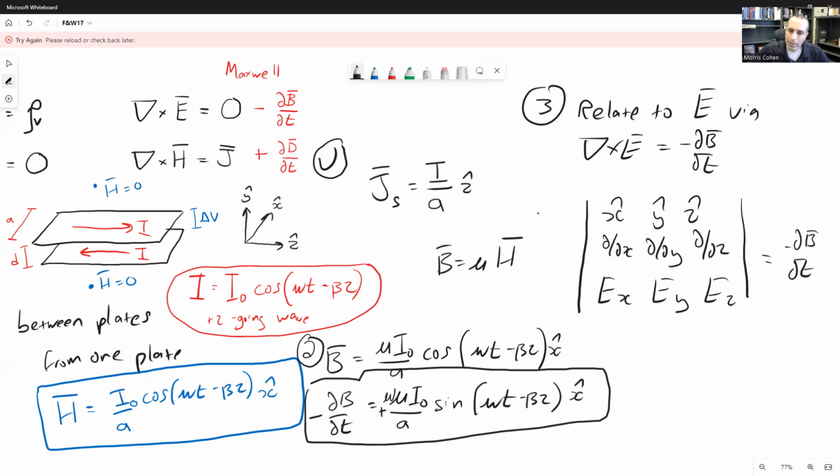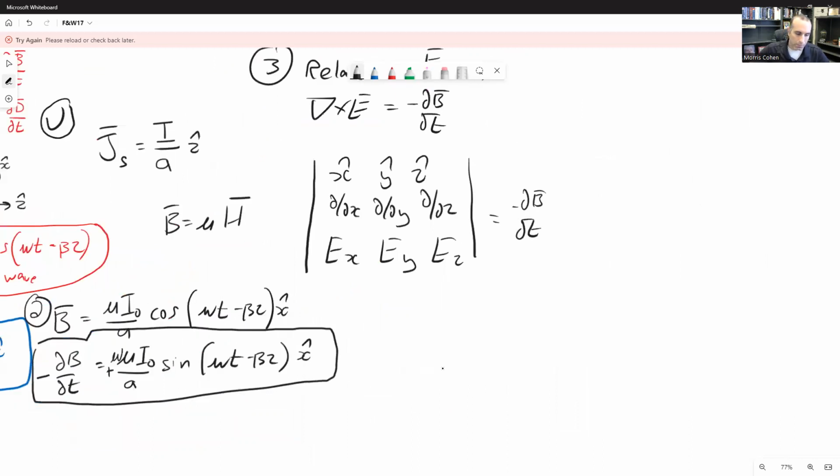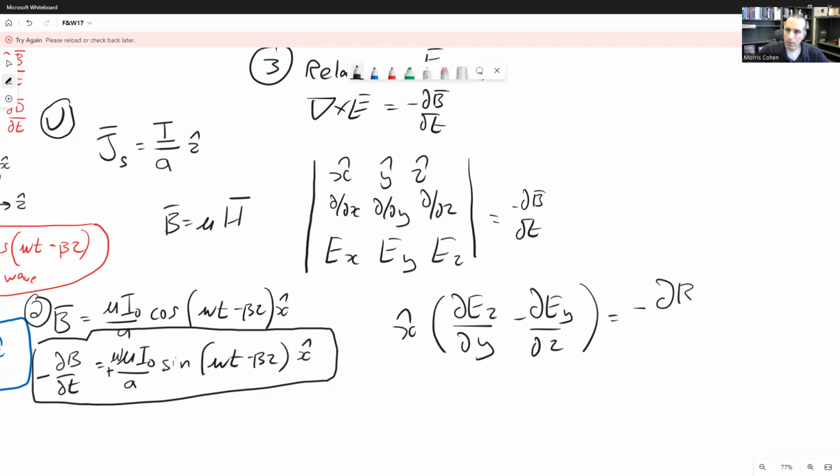Now in this case, dB/dt only has an x component, so that's the only component that's going to be interesting to us. So let's focus only on that piece of the curl of E. And from that, we're going to figure out that x hat times dEz/dy minus dEy/dz equals negative dBx/dt, right?